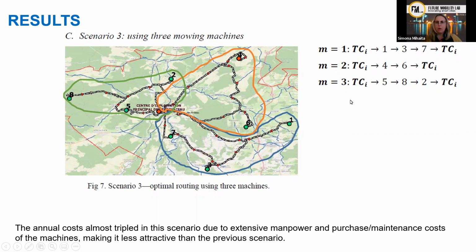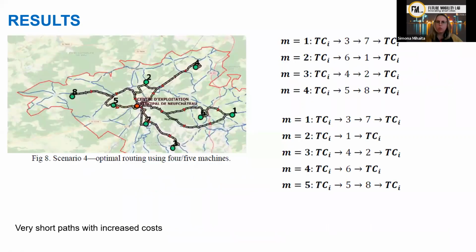Of course, you would need more people to run 3 machines in parallel, and then the maintenance and service cost for these 3 machines would increase. You will spend less time, and we will see exactly how it compares with the others, but your cost would go up.